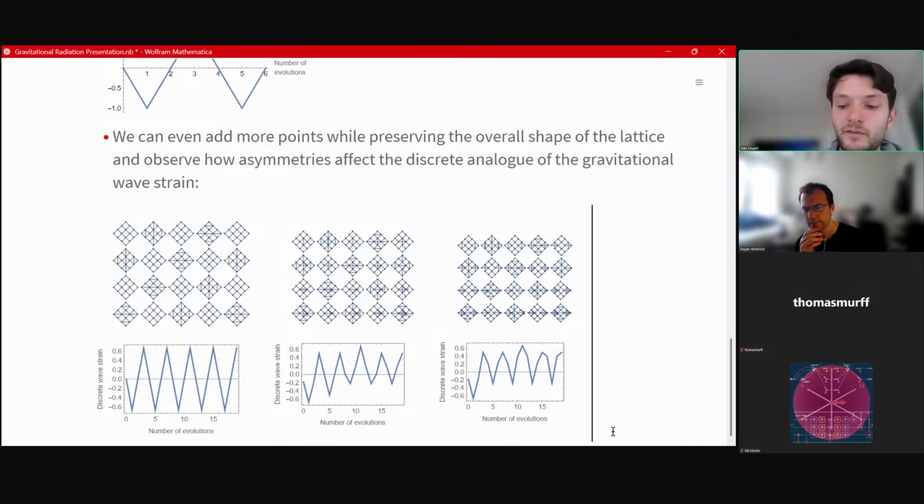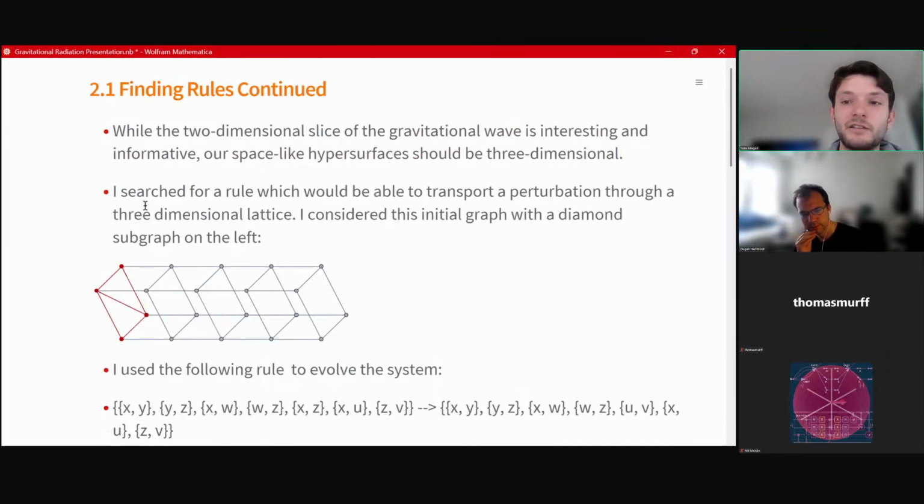Okay, so I wanted to generalize this to 3 dimensions. So I considered a rule which would kind of take this diamond graph and transport it through a 3-dimensional lattice. And so this would be kind of analogous to how a gravitational wave perturbation spreads out and travels at the speed of light.